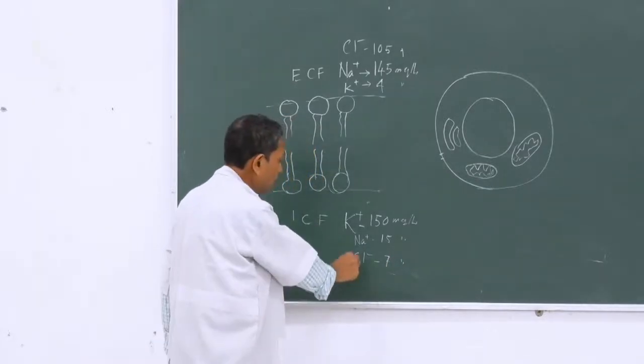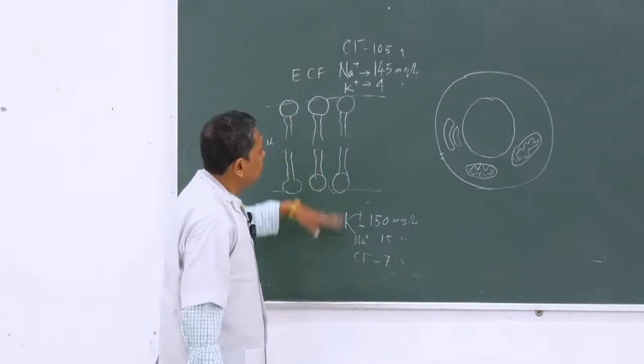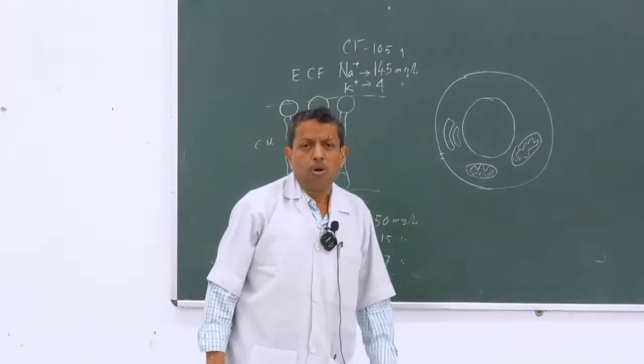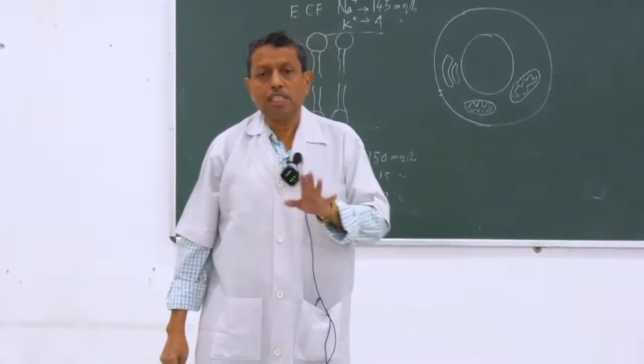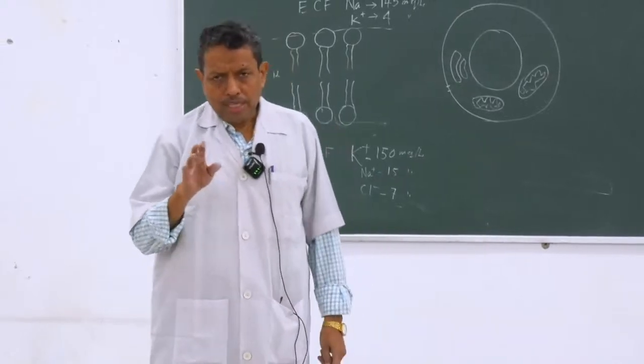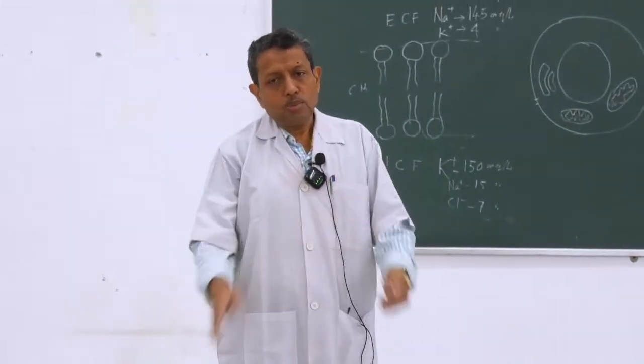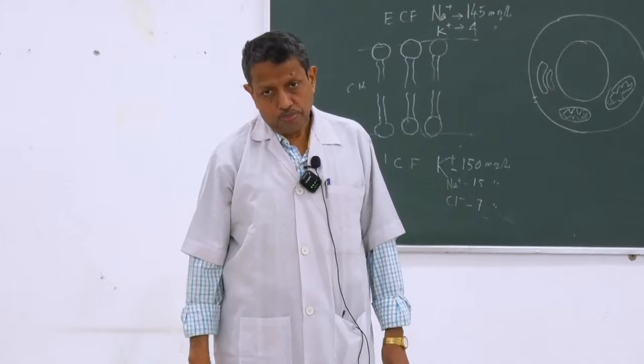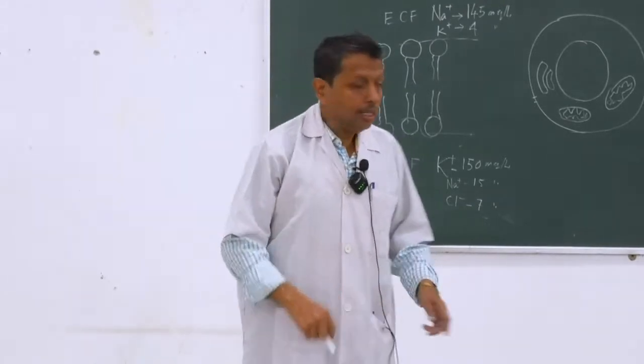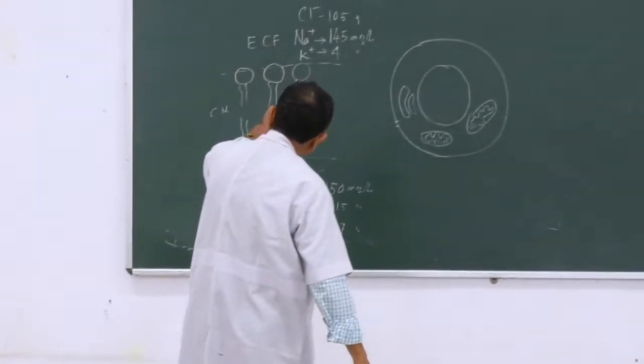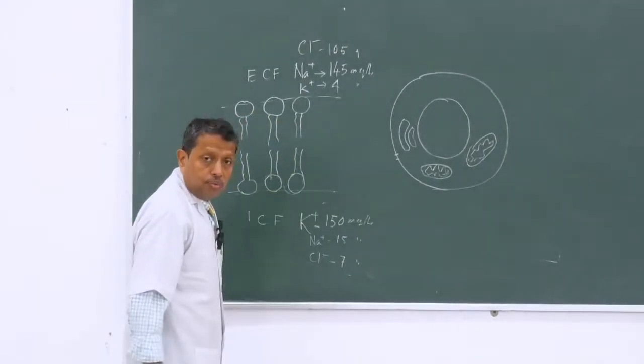So it is a selective membrane. From these figures, it is apparent there must be some mechanisms to separate these fluids regarding composition. Proteins are present in the intracellular fluid, and in the extracellular fluid at much lower concentration.